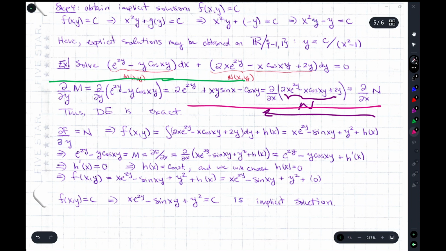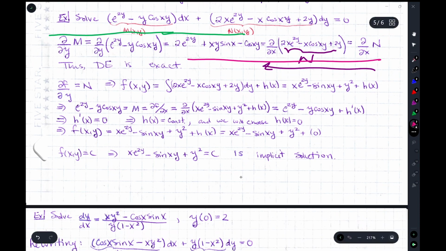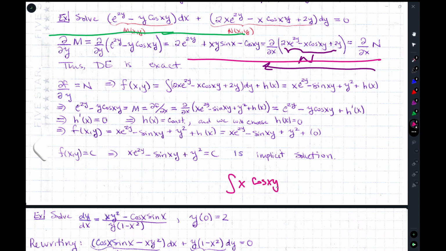And I guess just to show real quick how this is done, because I'm sure this could throw off some people. So I could pull out that x because it's just a constant. And all I have to do here is take the integral of cosine with respect to some constant.